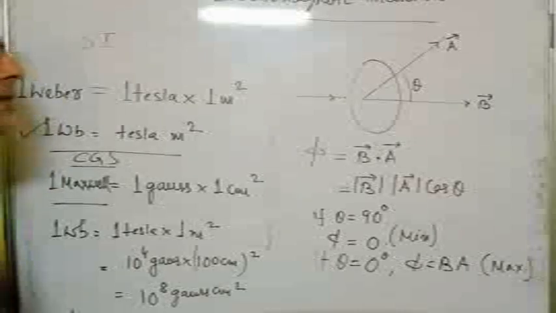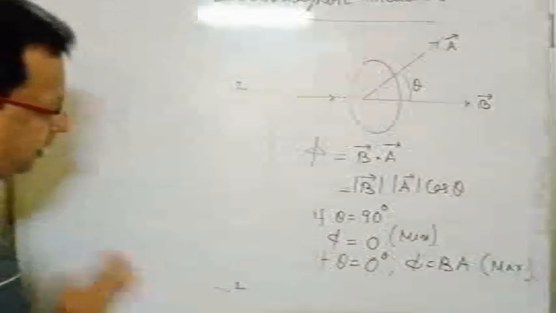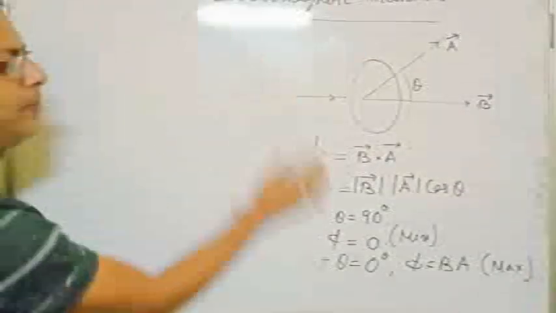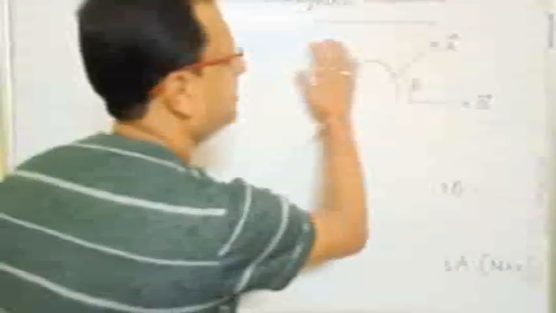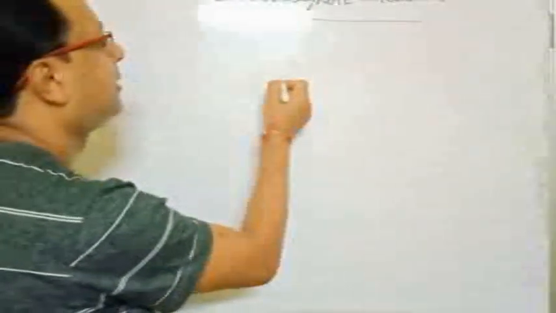Now let us first understand how electromagnetic induction takes place. The study of electromagnetic induction was basically done by Michael Faraday. While learning electromagnetic induction, the first thing that we should know is Faraday's experiment. Faraday, the great scientist, did a very simple experiment.